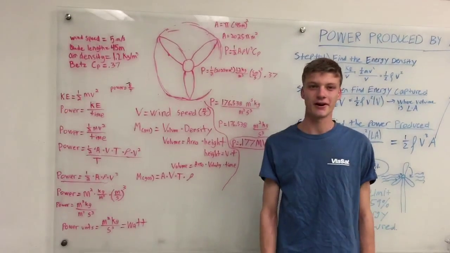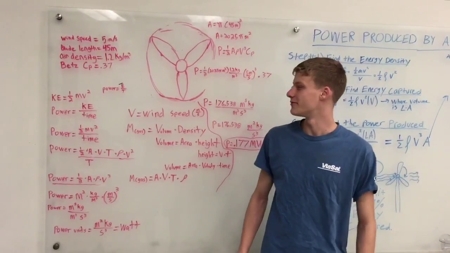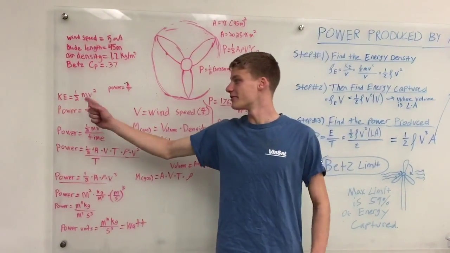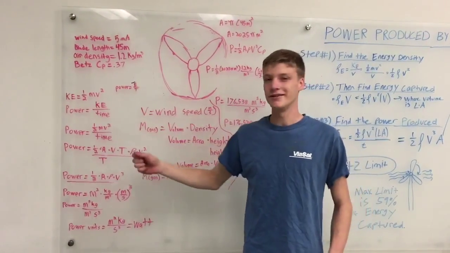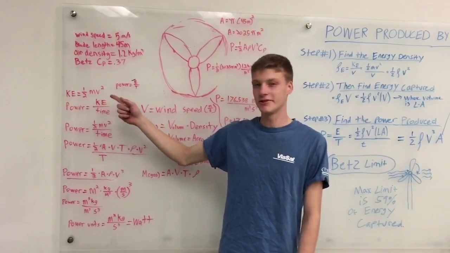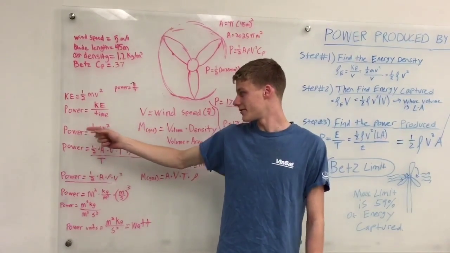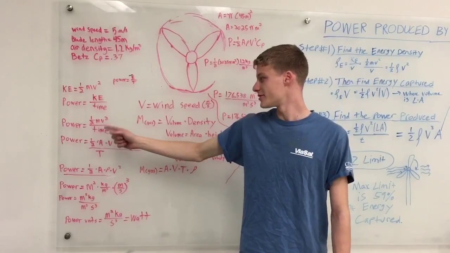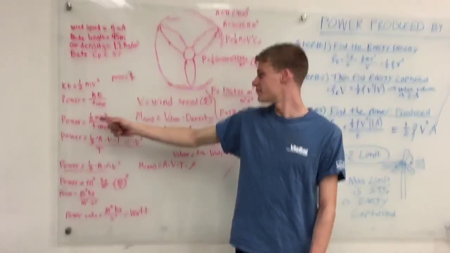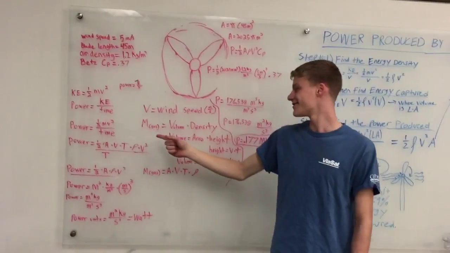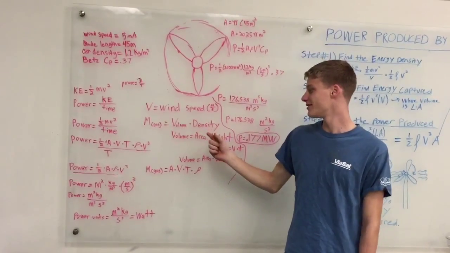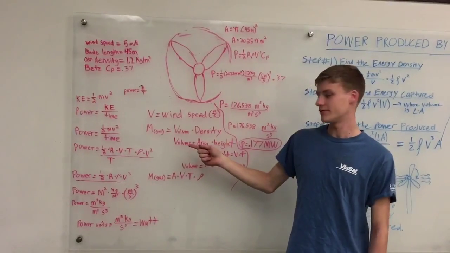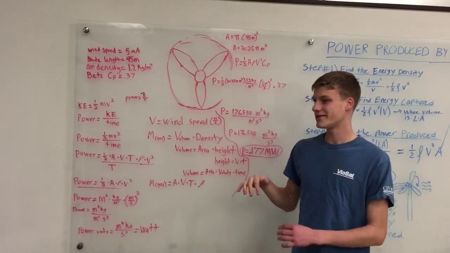So to find the power output of the wind turbine, we first start off with kinetic energy equals 1/2 mv squared. And as you know, power is energy over time. So we plug back in 1/2 mv squared over time, and we find the mass of the air. The mass of the gas is equal to volume times density. And the volume of the air is equal to the area times the height.